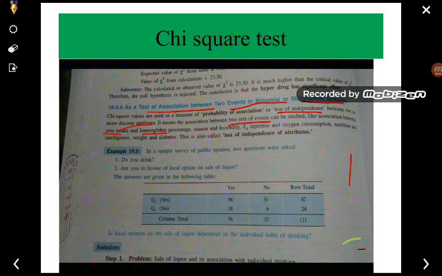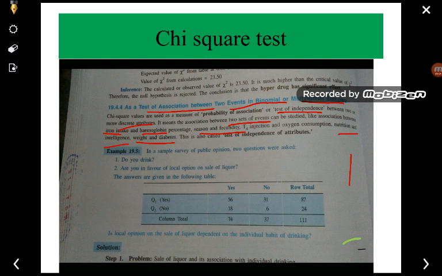The next example is season and fecundity. Fourth is T4 injection and oxygen consumption. If the T4 injection doesn't interfere with oxygen consumption, that can be checked by the test of association between two events. Then nutrition and intelligence: is there an effect of nutrition on intelligence or not?